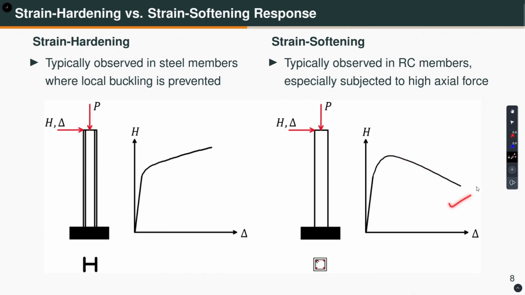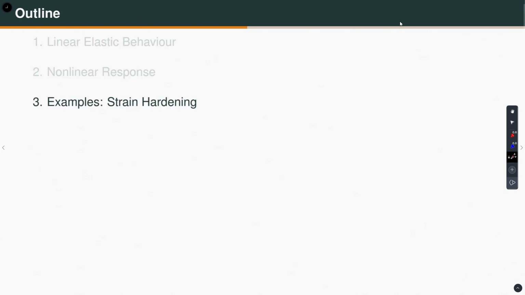This is called strain softening. What is in between? Well, in between we have elastic perfectly plastic behavior, EPP. Let us first study examples of strain hardening response. Softening is more complicated, we will get there. But before that, let us first talk about strain hardening examples.